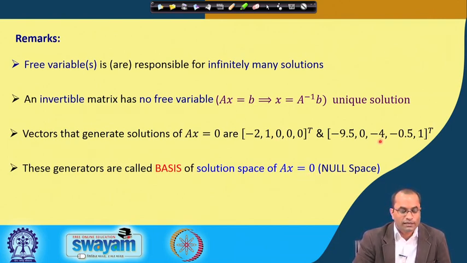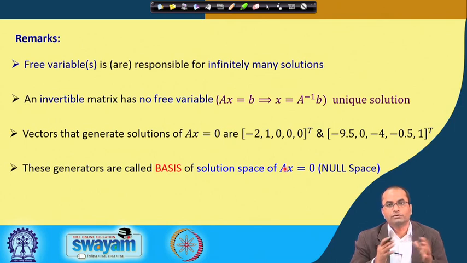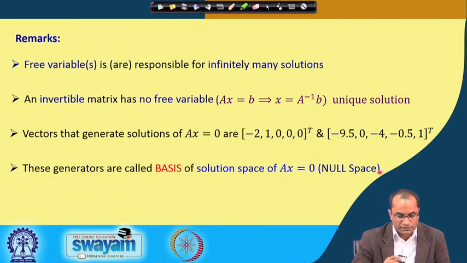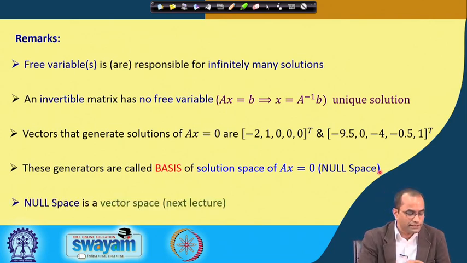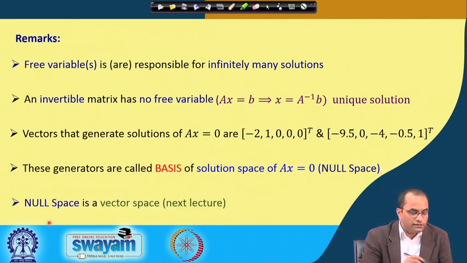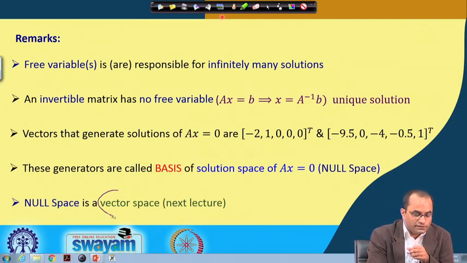These vectors are called bases of the space where we have so many solutions, and that space is also called the null space, which again will be discussed in the next lecture. Here the null space is a vector space.